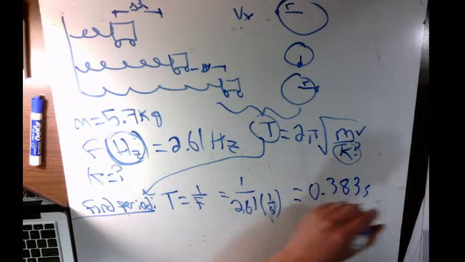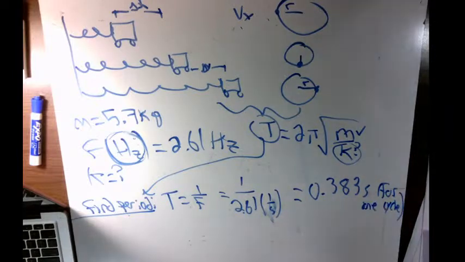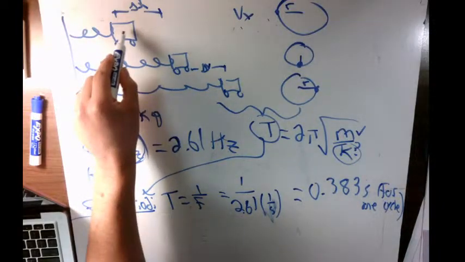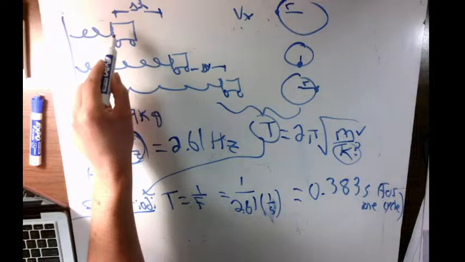And that's going to be for 1 cycle. So every cycle takes 0.383 seconds. So when it goes out and back in, that's going to take 0.383 seconds.